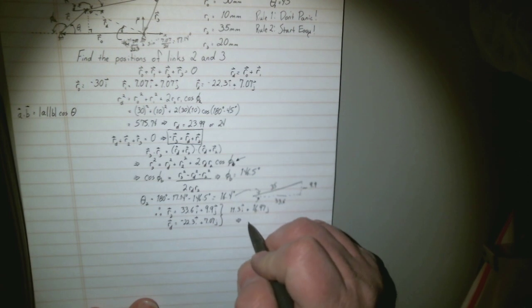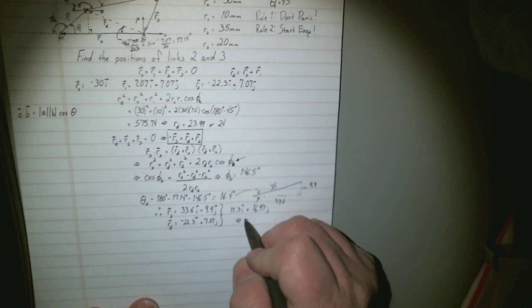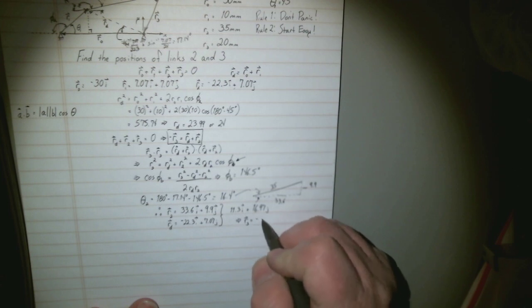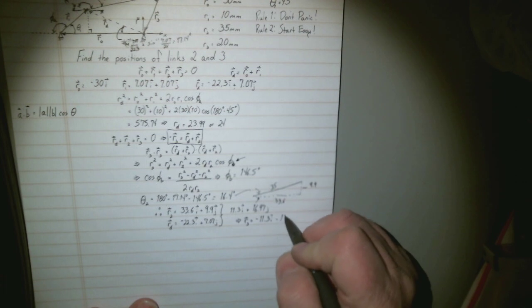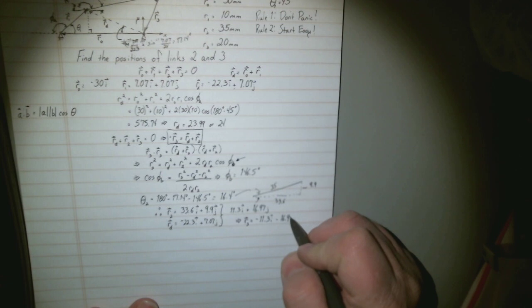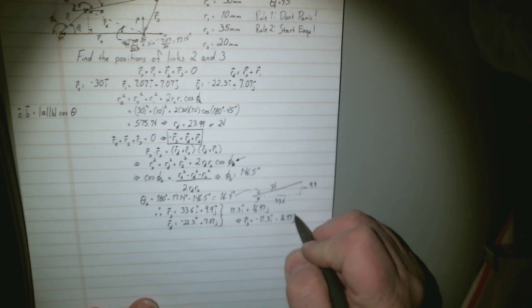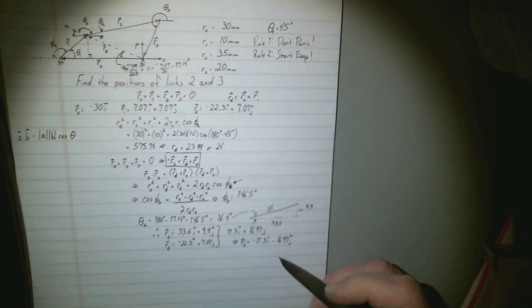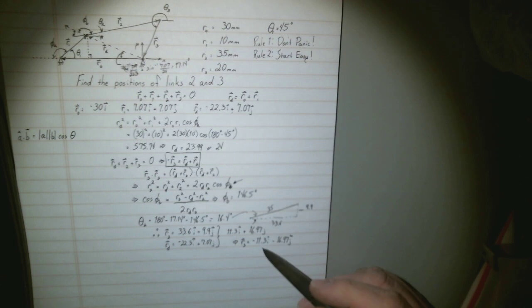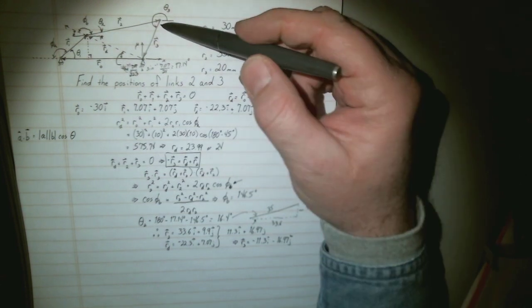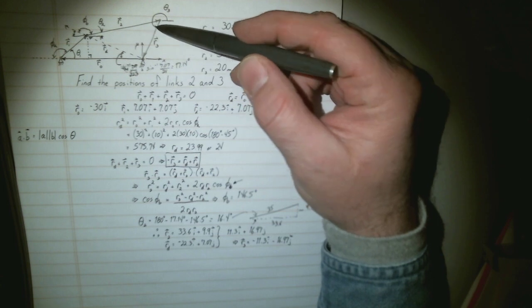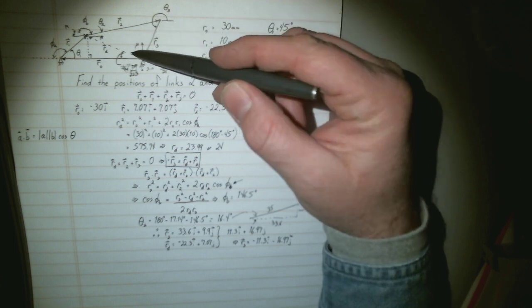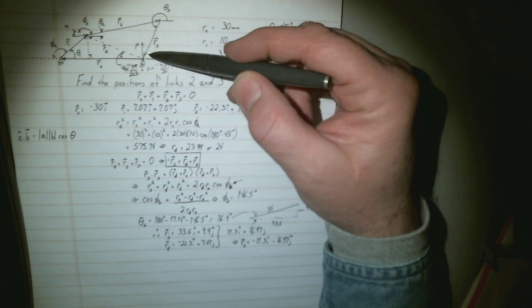So this implies that r sub 3 is equal to negative 11.3 i minus 16.97 j. And again, that makes sense. Given our sketch, we should expect r sub 3 to be negative i because it's moving to the left, and negative j because it's moving down.